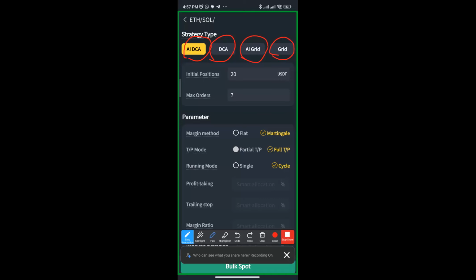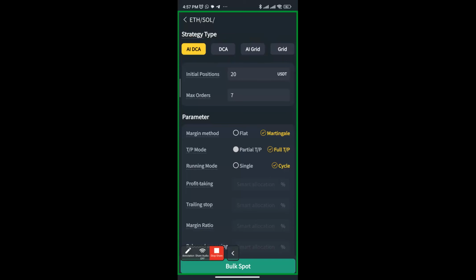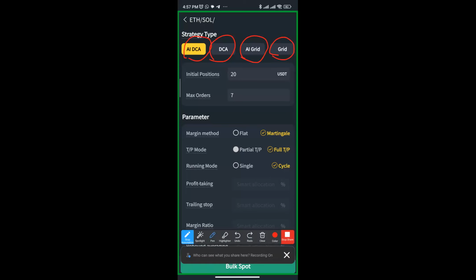If you can see my screen, this is DCA here. How does DCA work? The robot starts from the top, and as the market drops, the robot accumulates and buys more for you. So if you want to accumulate more coins and sell at a bigger profit, you need what we call the DCA.